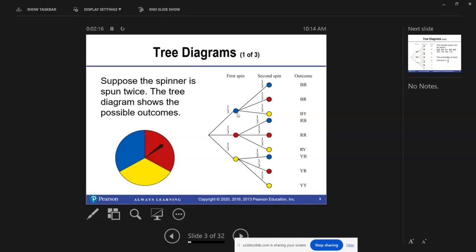And then we have blue and yellow, that's BY. Okay, and that's where all of these came from. It's just following the tree diagram. So here, if we go to red, we have red, blue, so RB. We have red, red, RR. Red, yellow, RY, and then so on for the yellow. Okay, so that's how you're going to make a tree diagram for multiple spins.